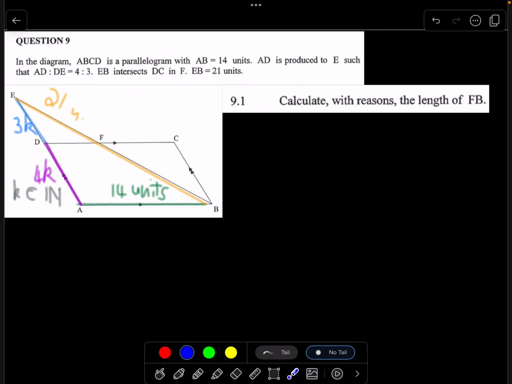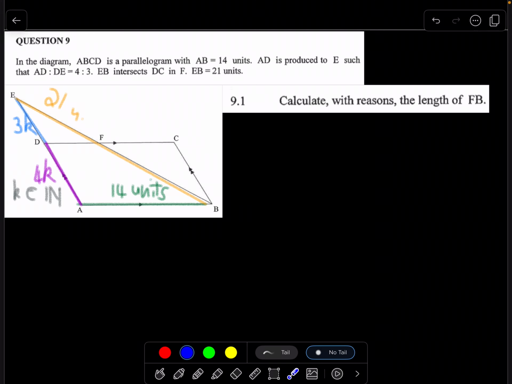What stands out to me about the position of FB is, we have this triangle with two sides parallel, and so these two sides are split by the parallel line in the same proportion. So EF to FB will also be the same ratio as ED to DA.